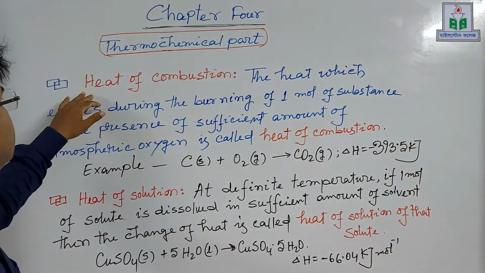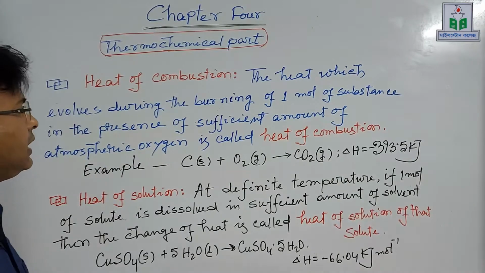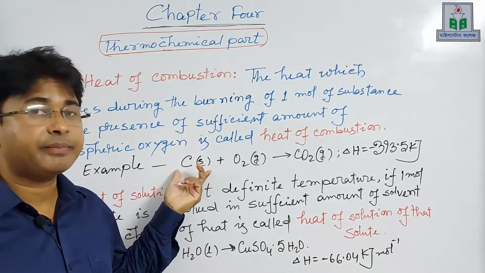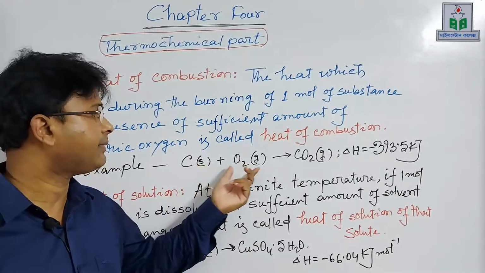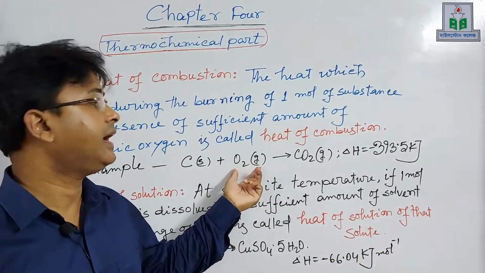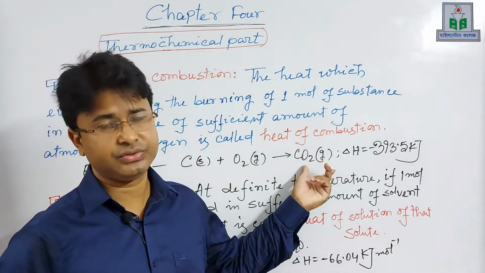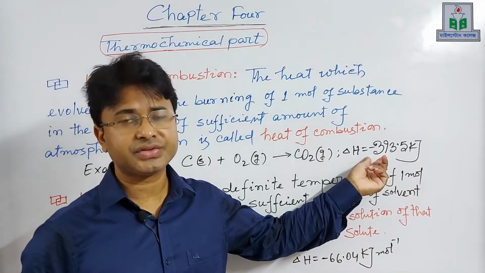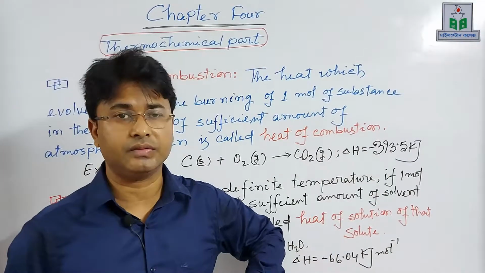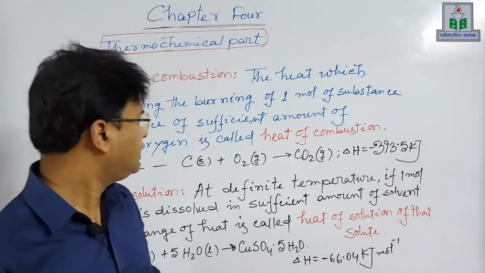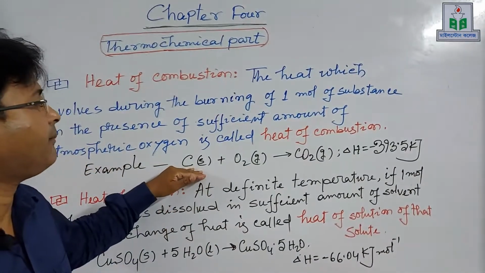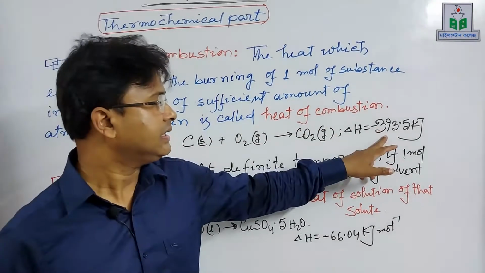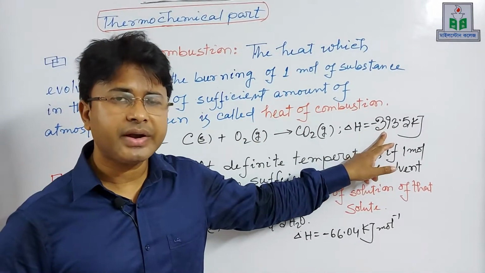Dear students, this is heat of combustion. If I burn carbon in the presence of a sufficient amount of oxygen, then carbon dioxide gas is produced. Here 393.5 kilojoule heat is evolved. It means the heat of combustion of carbon is 393.5 kilojoule.